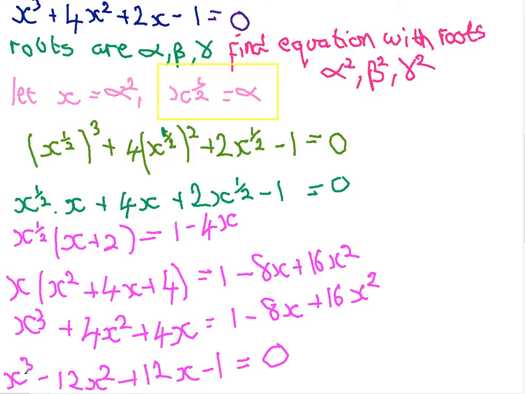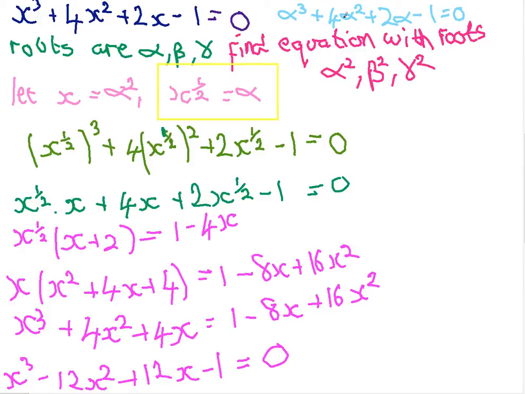Something for you that perhaps you'd like to do is, we know from this equation here that alpha cubed plus 4 alpha squared plus 2 alpha minus 1 equals 0.